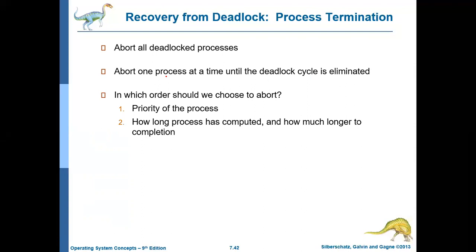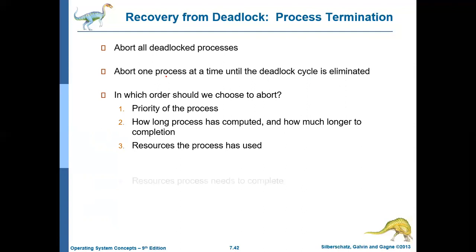Like that, based on some factors, we should decide which process should be terminated, or on how many resources the process is holding. If some process is holding 10 resources, then it is better to terminate it, so that some other processes will get those resources and the deadlock may be solved.